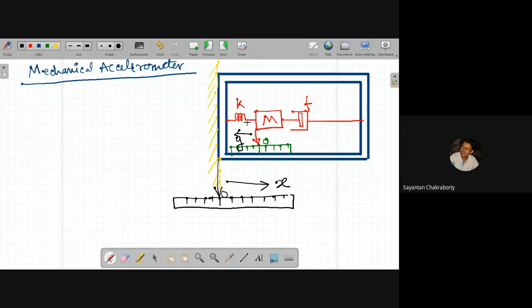Now this movement of y will continue until the spring and this damper produce enough force, in this direction, to exactly counterbalance the force experienced by the mass due to this motion, the constant acceleration motion. What is acceleration?